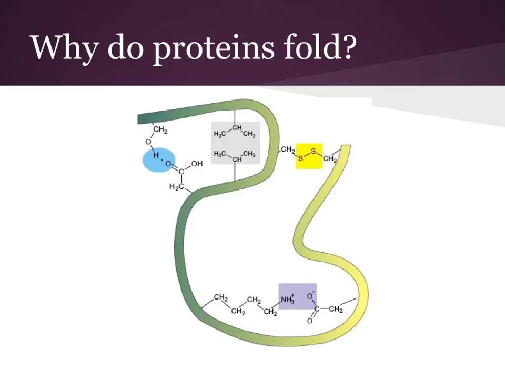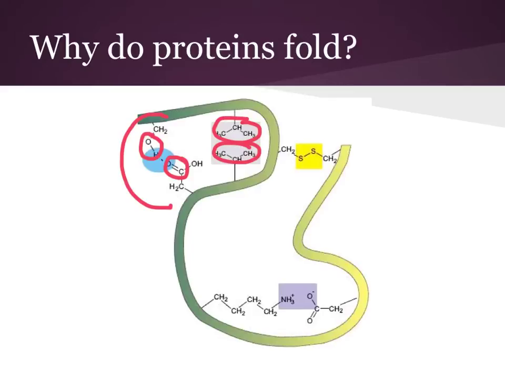So take a look. In this instance over here, we have a hydroxyl group and a ketone, and we're going to see some hydrogen bonding between those two polar side groups, or those two polar R groups. We see a nonpolar R group with another nonpolar R group folding in some kind of hydrophobic interaction.